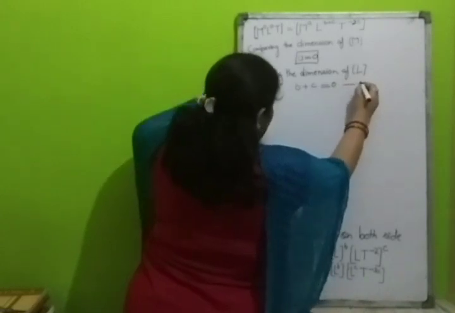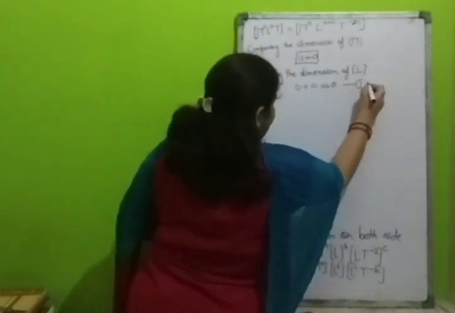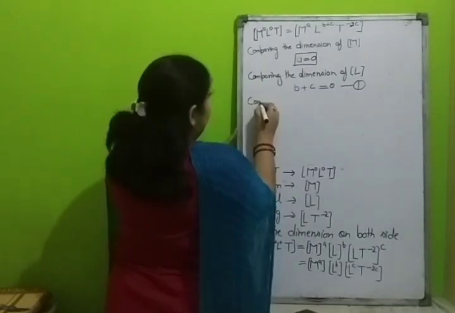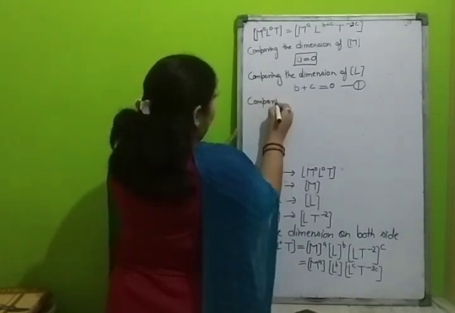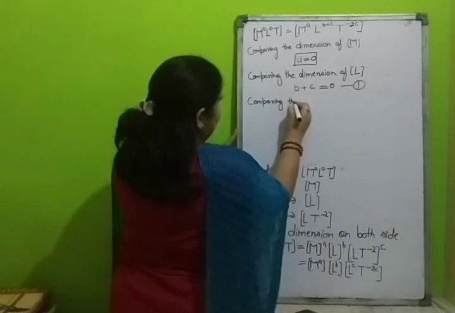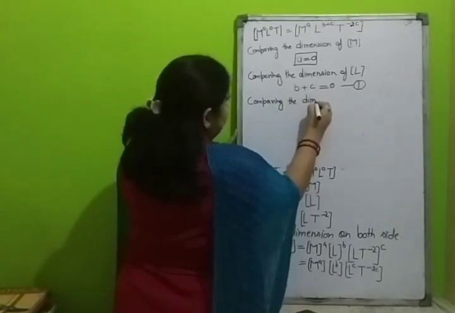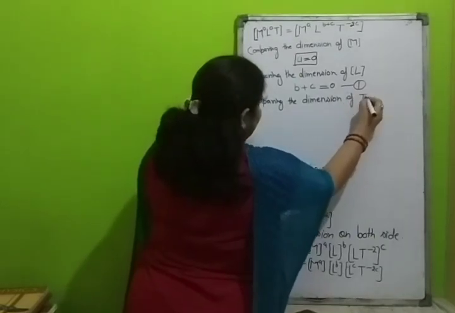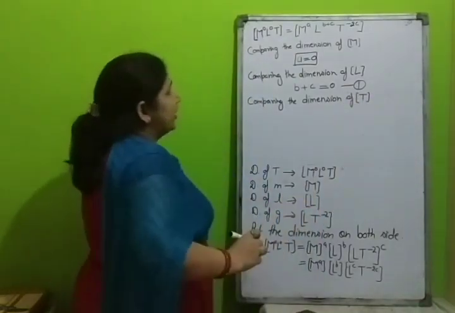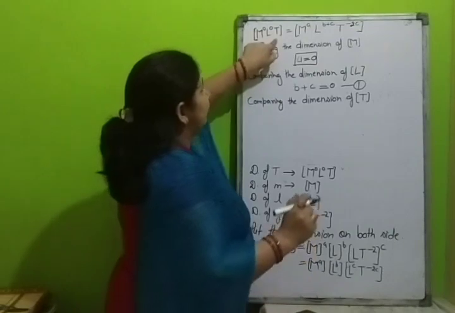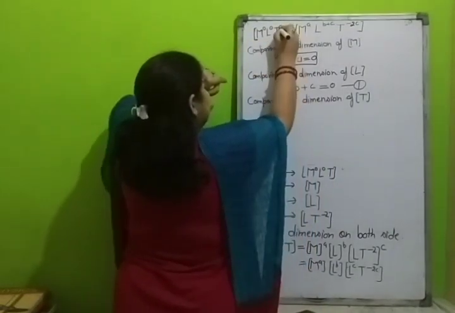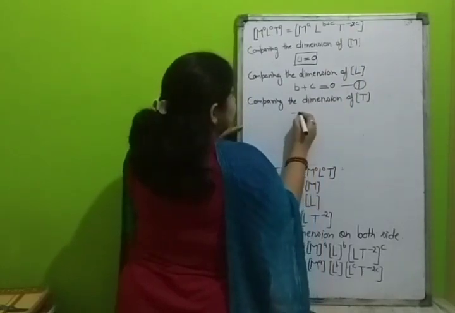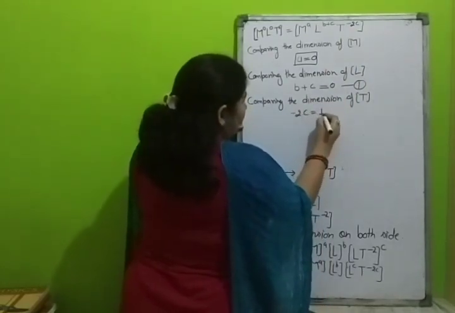We have equation 1. Now compare the dimension of T. Here the dimension of T is 1 and here it is minus 2c, which means minus 2c is equal to 1.